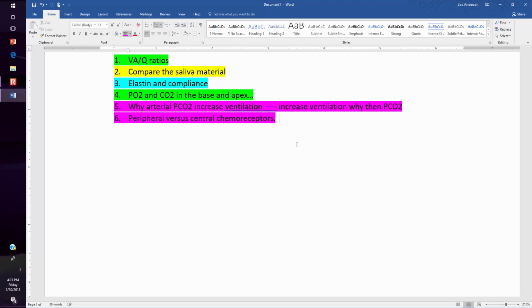First of all, we have to realize that one of the reasons why we need to know what alveolar ventilation is, and in a healthy person it should be around 4 liters per minute, is that alveolar ventilation is matched to the person's metabolism.